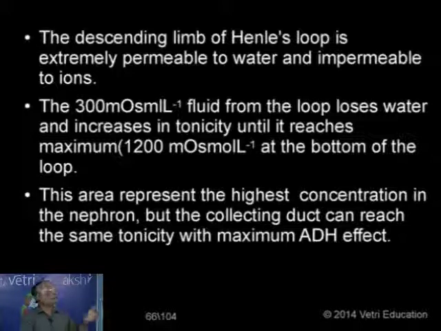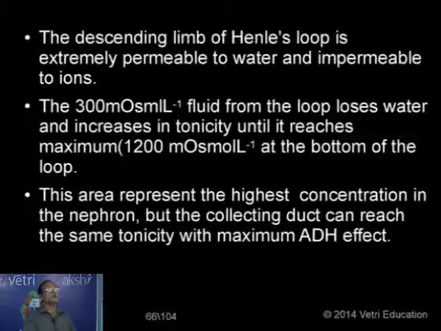So the 300 osmolarity fluid is from the cortical region. The Henle's loop loses water and increases in tonicity because of the loss of water in that fluid, which has an osmolarity of 300 in the cortical region nephron.